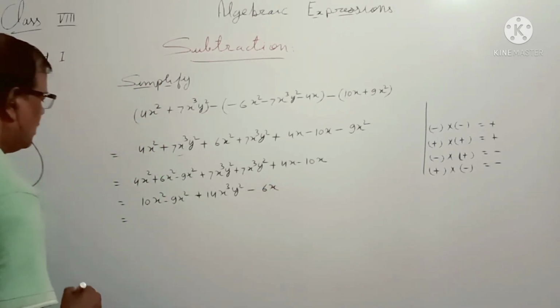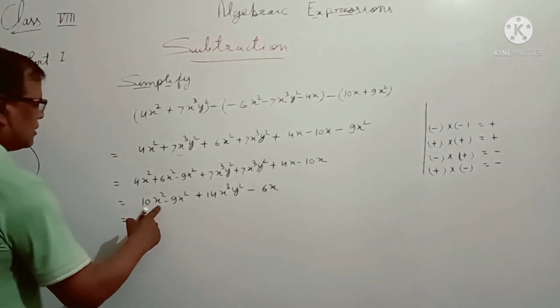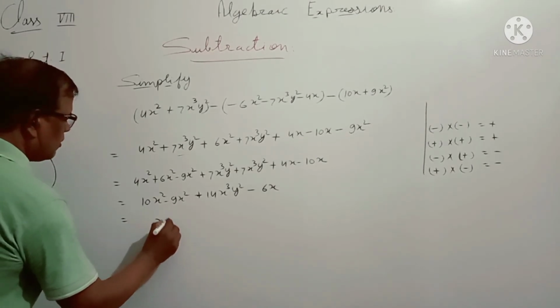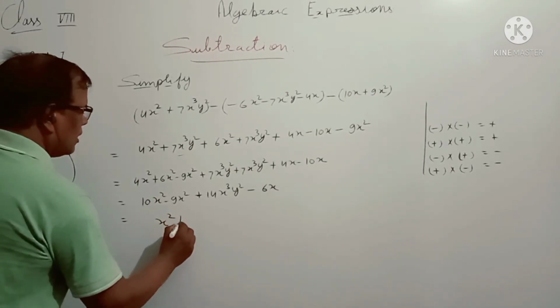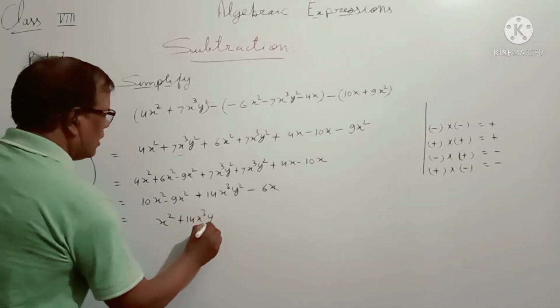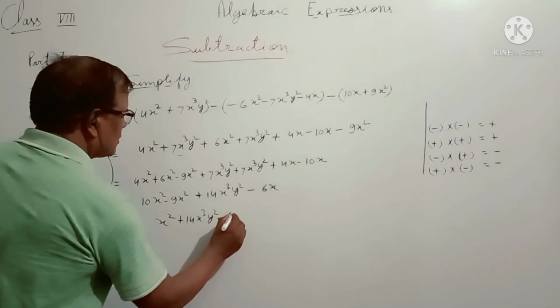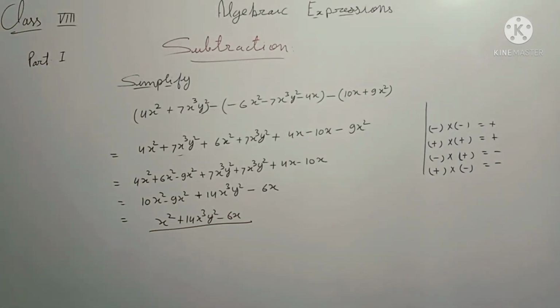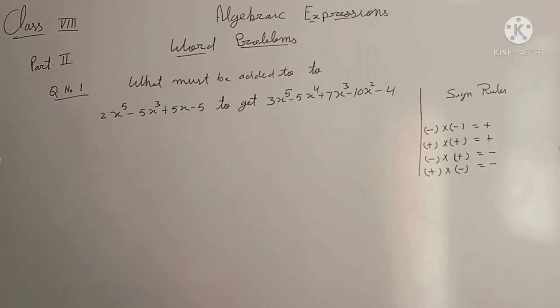Now we write here 10x square minus 9x square, so here will be only x square. Here will be 14x cube y square minus 6x. This way we have solved the simplification.